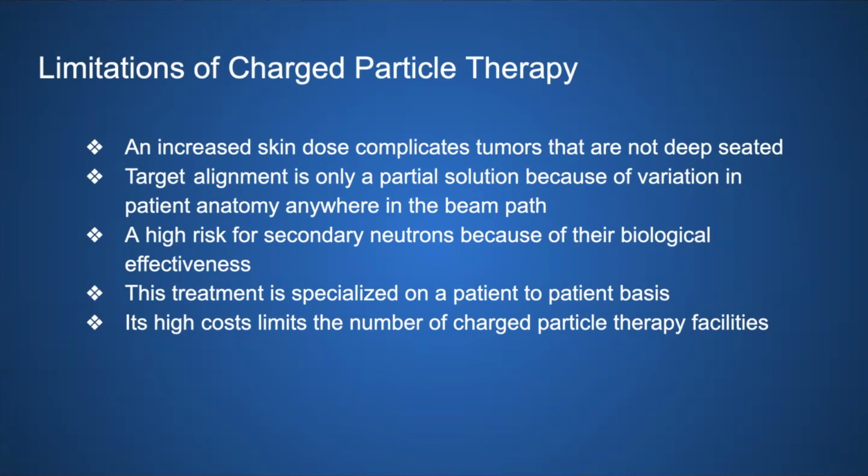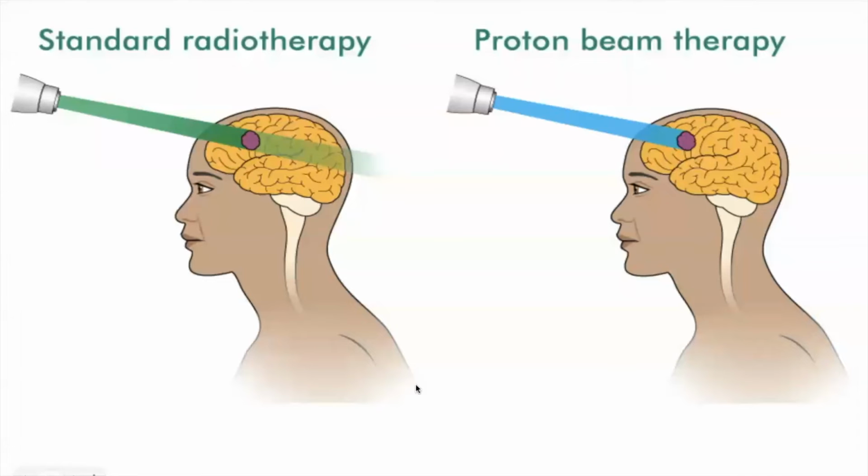Now, we move on to state that there is a high risk for secondary neutrons because of their biological effectiveness. What this means is, I'm going to pull up this photo once more, and you have proton beam therapy here. So you have your proton beam coming inside the patient's body, and then you have your tumor site here.